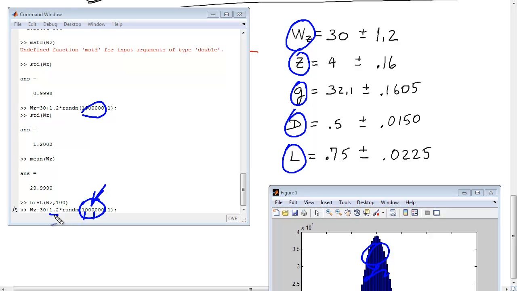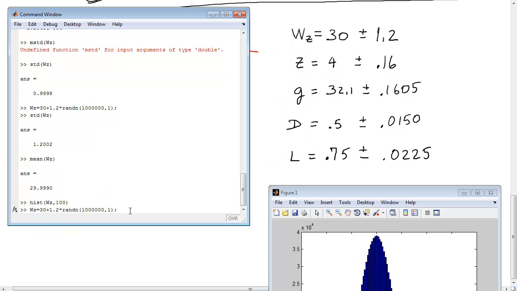Only thing that changes is this will become that, and 30 will become 4, and WZ will become Z. Then you go through this process again, where this becomes G, 30 now becomes 32.1, and 1.2 becomes 0.1605. And we're going to do this until we obtain all of our values here. So let's do this real quick.